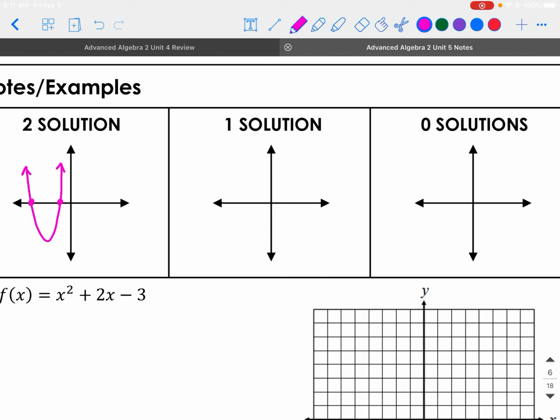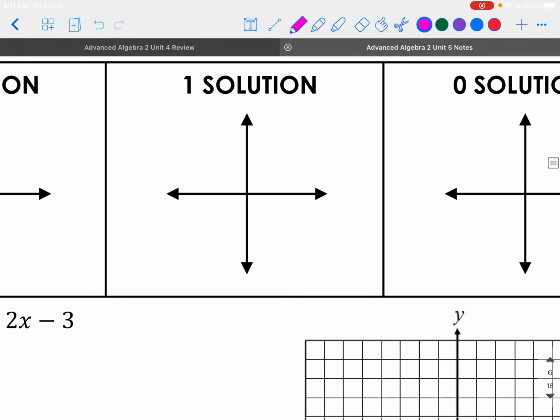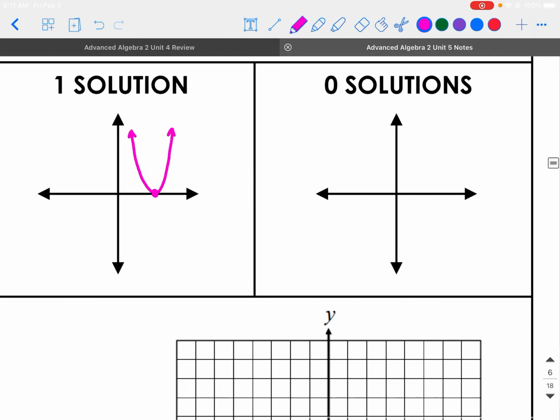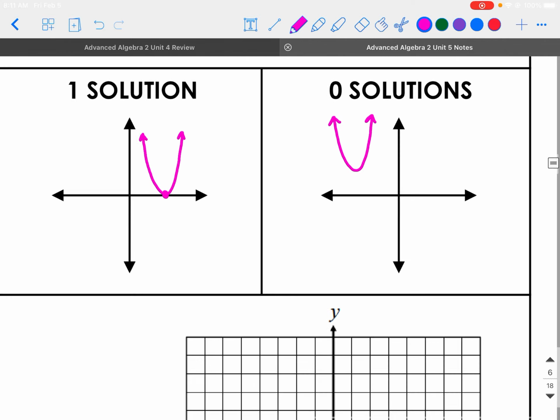They don't completely cross through it. So something like this just touches the x-axis, so it only has one solution. And then a parabola that has zero solutions doesn't touch at all. So something like this. We'll learn later on about imaginary numbers, so we would say that this parabola has imaginary solutions, no real solutions.